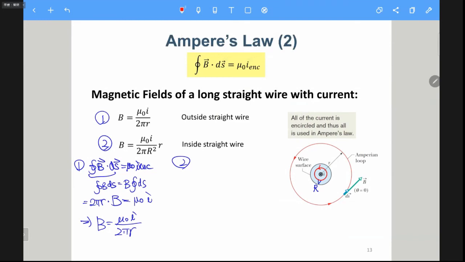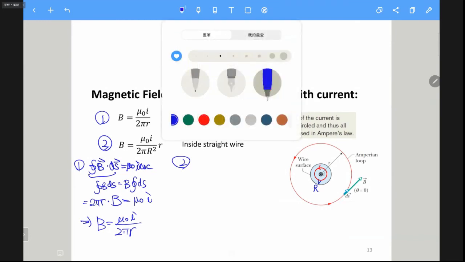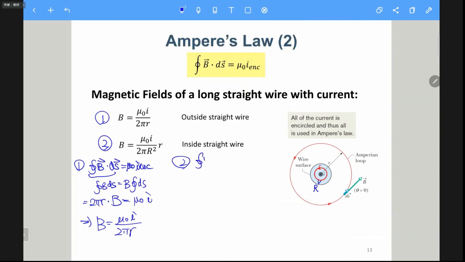So similarly, for Ampere's law, the left side is nothing but 2 pi r times B, equal to mu naught I enclosed. However, at this time, I enclosed is not all of I, because part of the current is outside of this loop, so we don't consider that part.